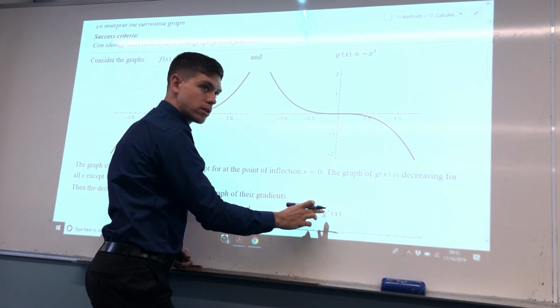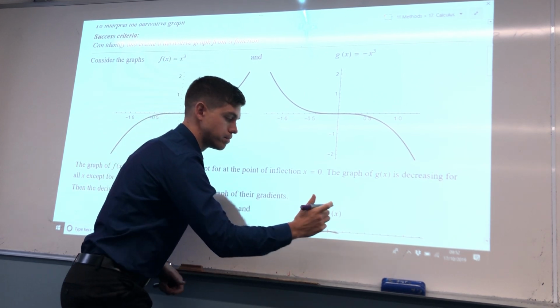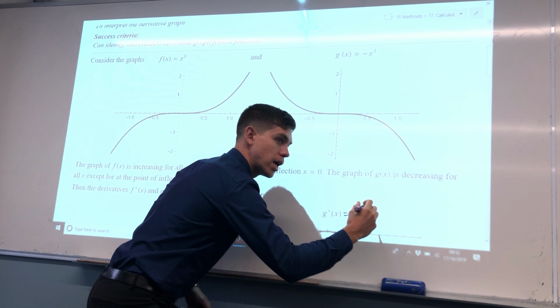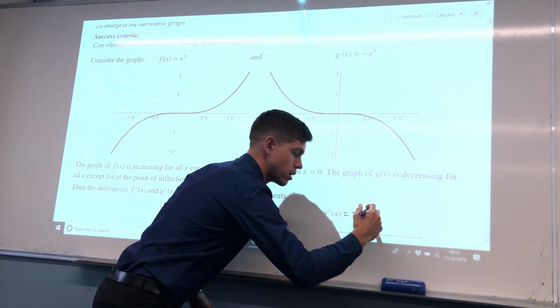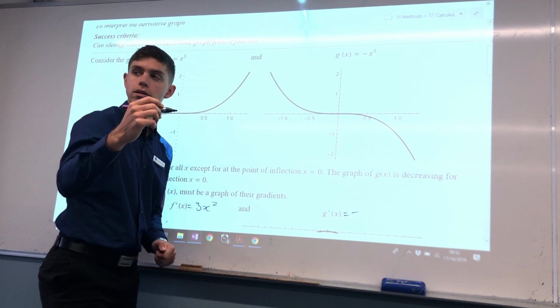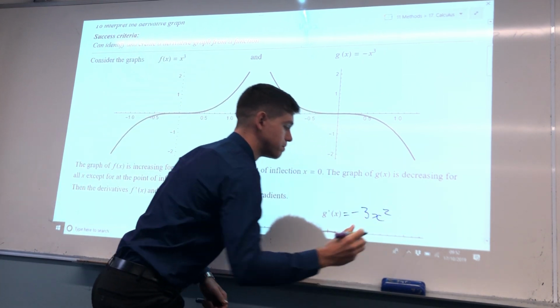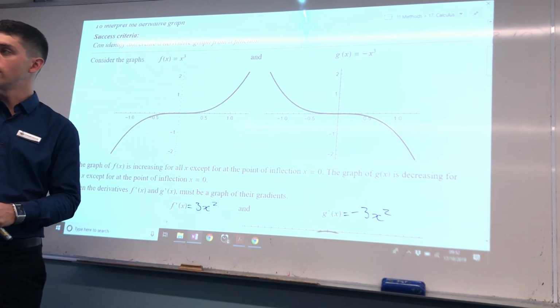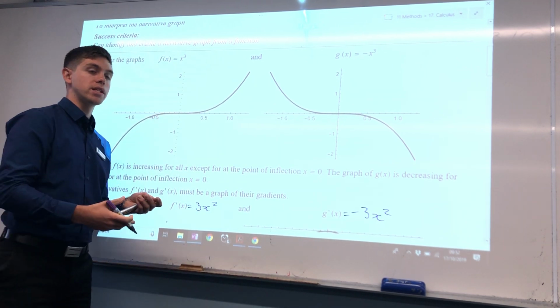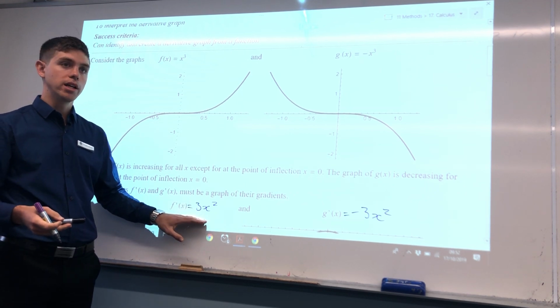Then the gradient function of function g would be negative 3x squared. Okay. So what we learned yesterday was a skill to be able to differentiate that algebraically.